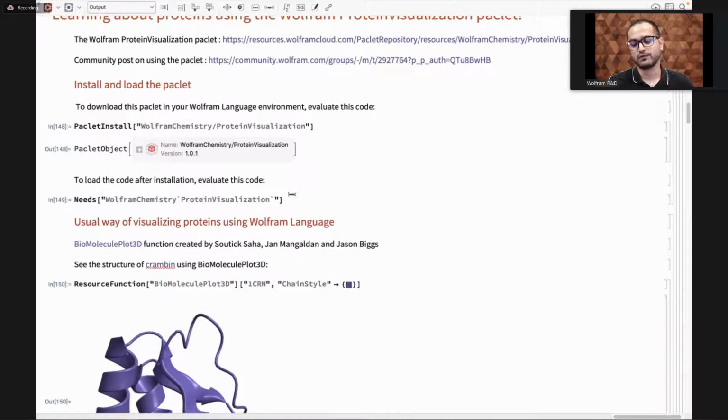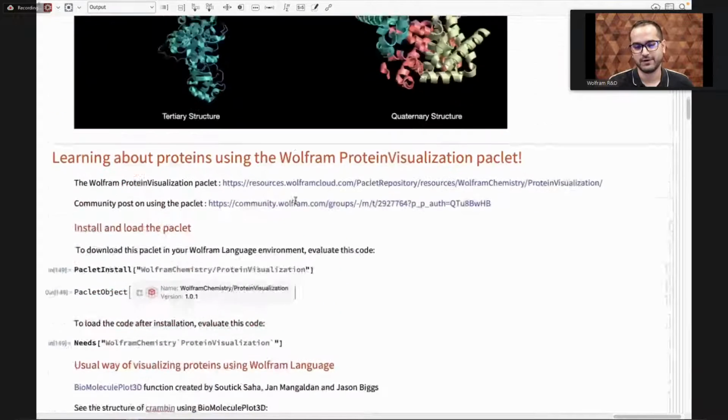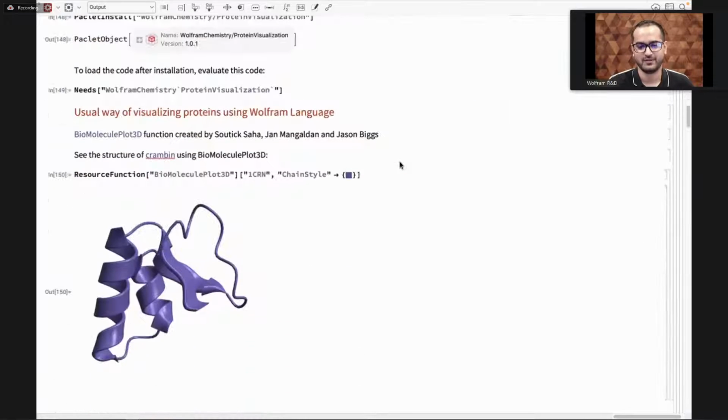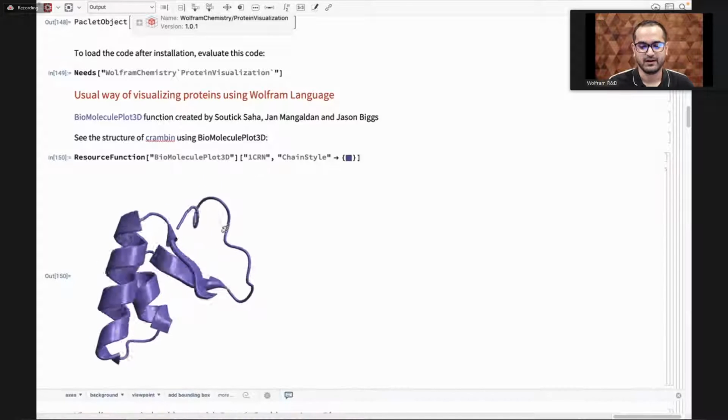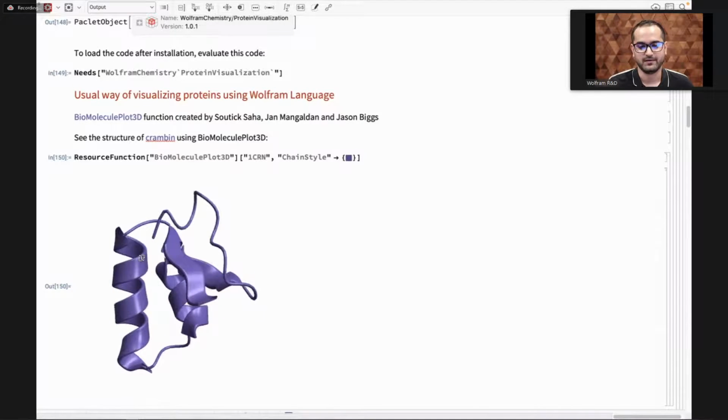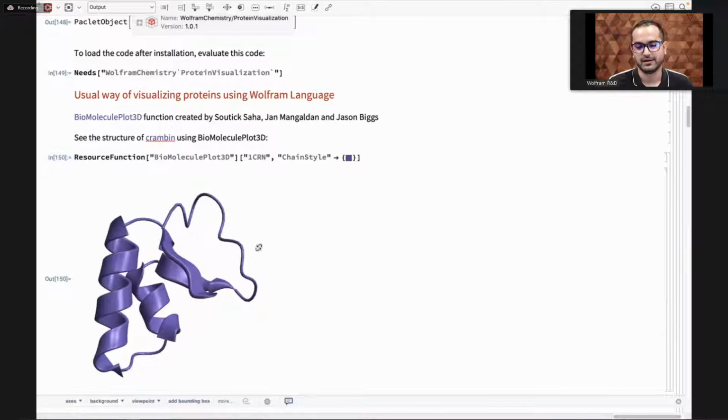The usual way we are familiar with visualizing protein structure, as I showed here, is the ribbon diagram, which Jan, Jason, and I created during my summer internship at Wolfram. Using this resource function, BiomolecularPlot3D, you can create a ribbon diagram like this.